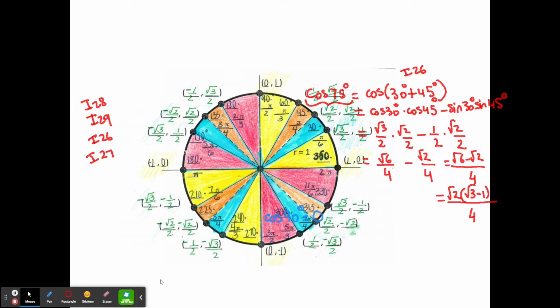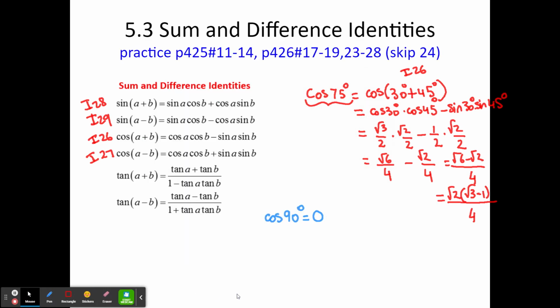Let's go back and try to find cosine of 90 degrees using the sum and difference identity. So I'm going to split 90 degrees into 30 and 60. Can I split it into 45 and 45? Of course. Can I split it into 20 and 70?